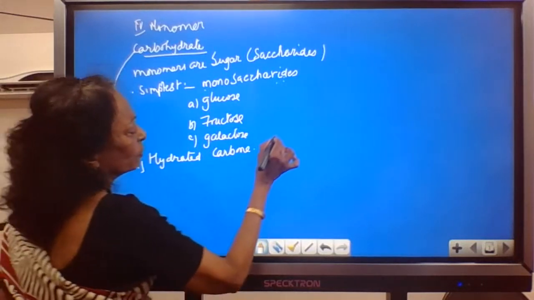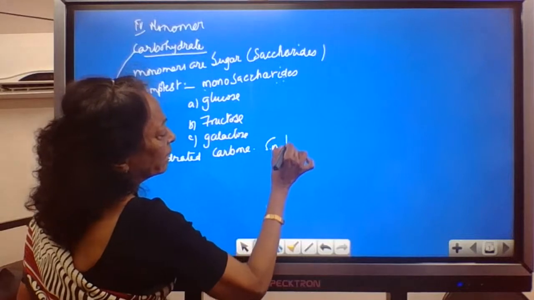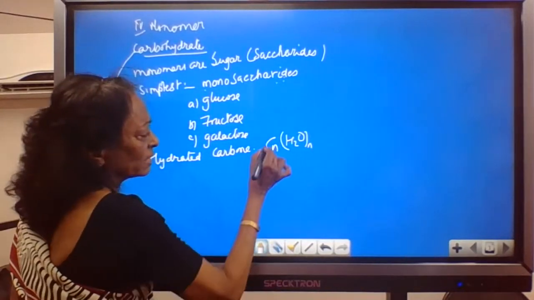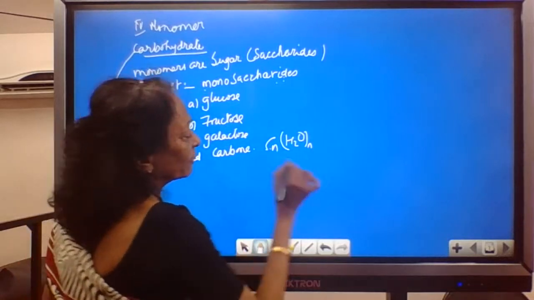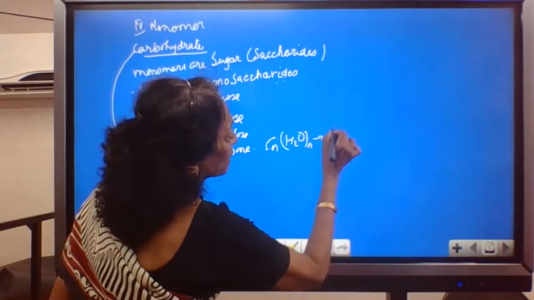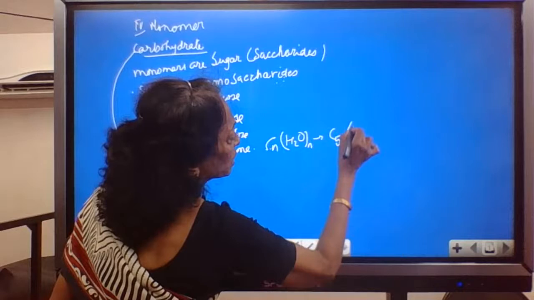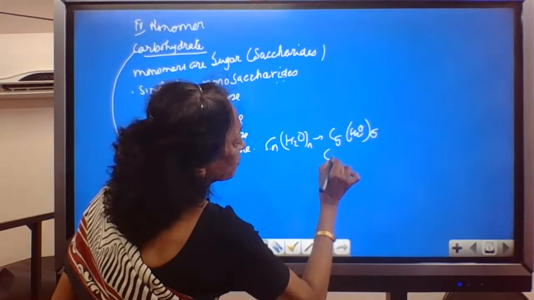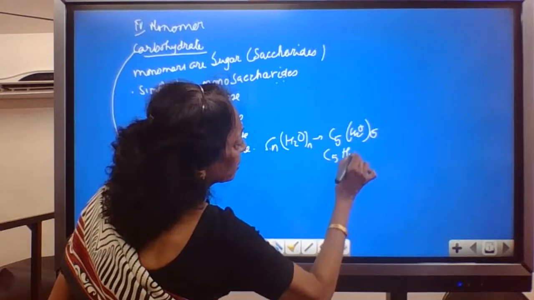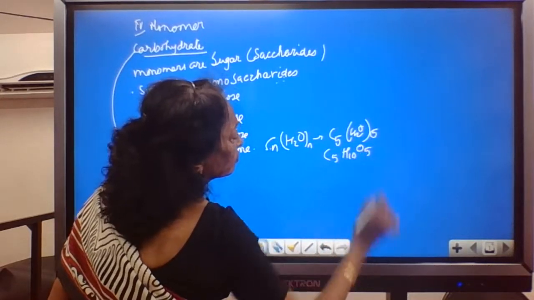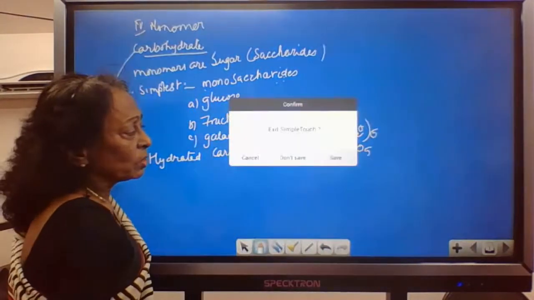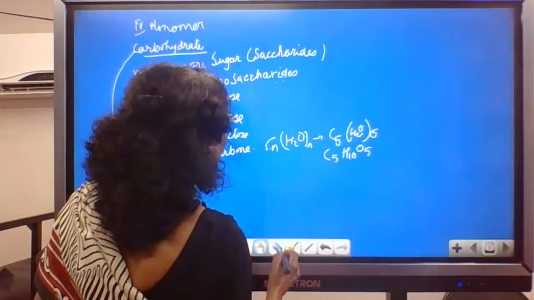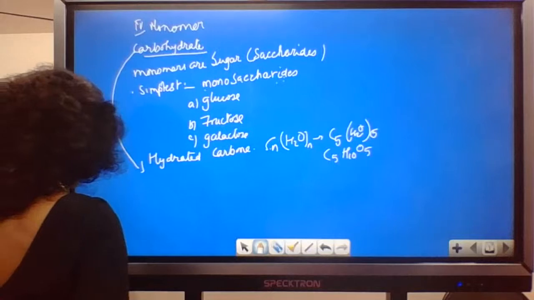The empirical formula is CnH2nOn. This is an empirical formula. Say, for example, C5H10O5.